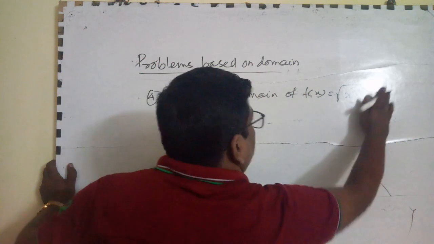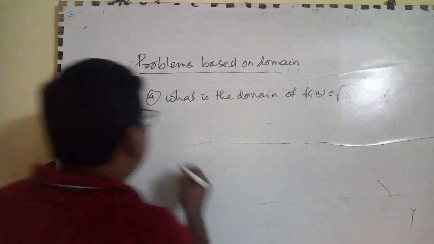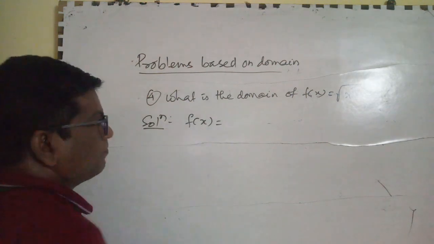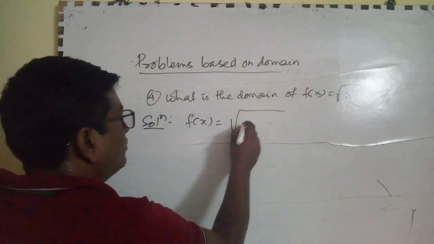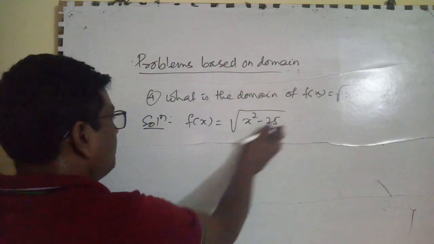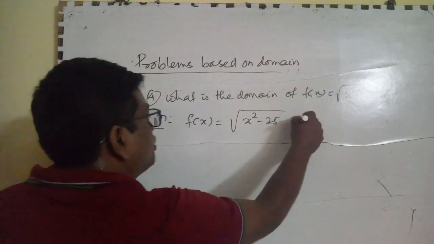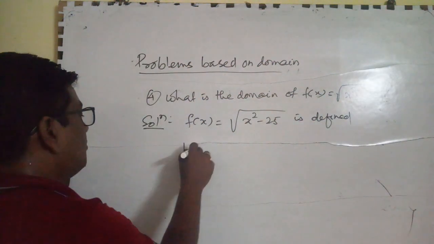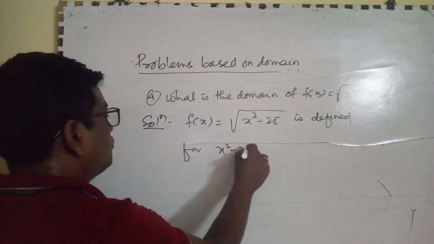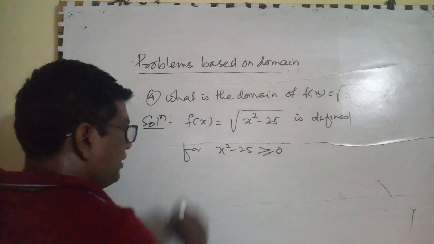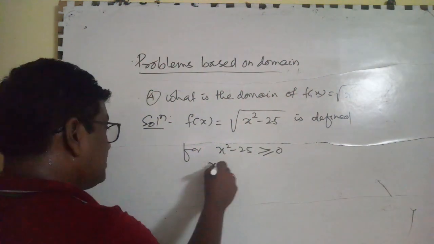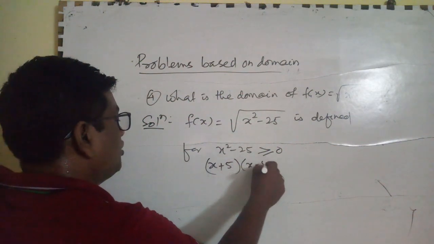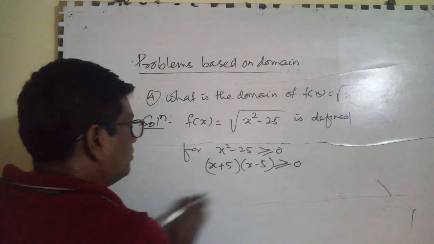Solution: f of x is defined for x square minus 25 greater than or equal to 0. That implies (x plus 5)(x minus 5) greater than or equal to 0.